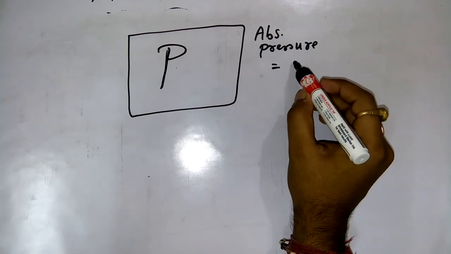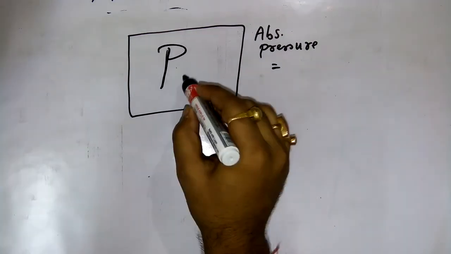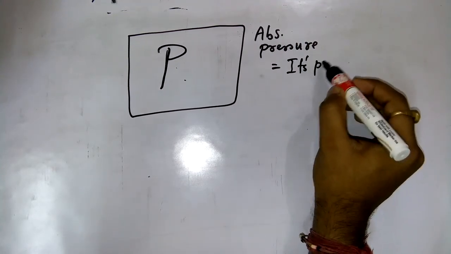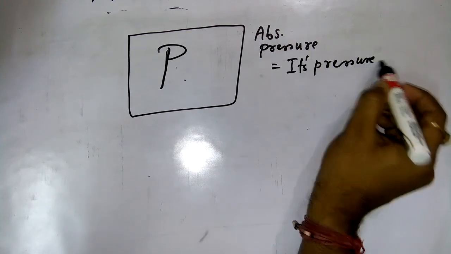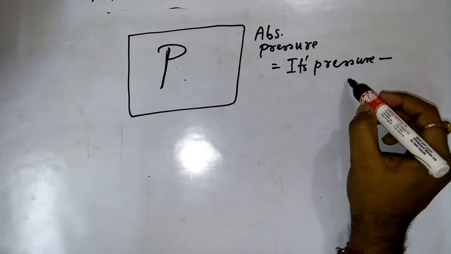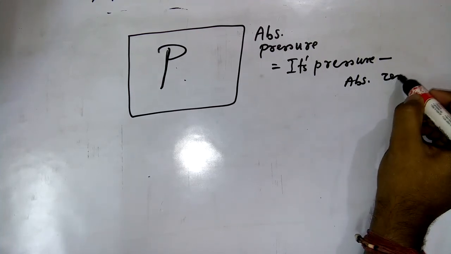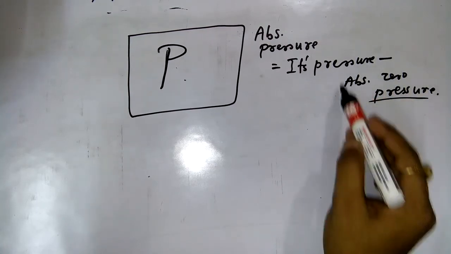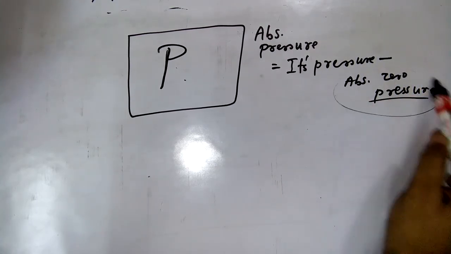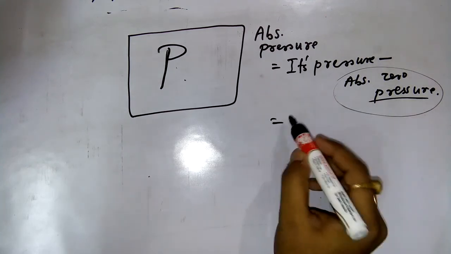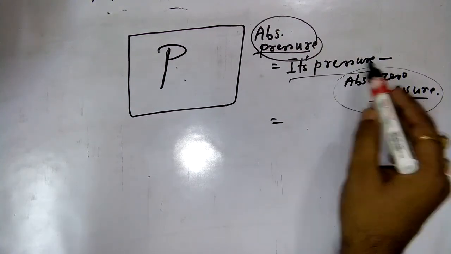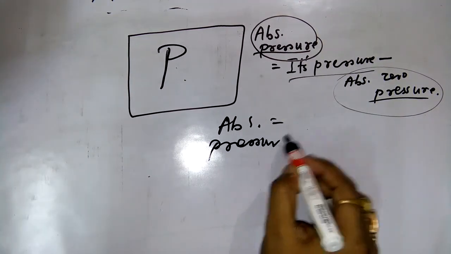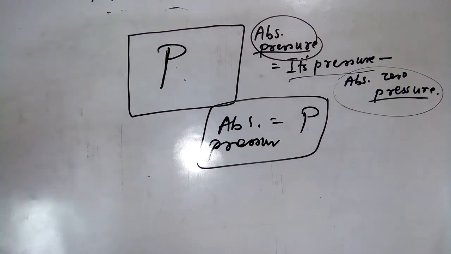Absolute pressure is nothing but its own pressure minus the absolute zero pressure, or the pressure at complete vacuum. If I assume that absolute zero pressure is zero, then absolute pressure is nothing but the pressure of the system, that is P itself.